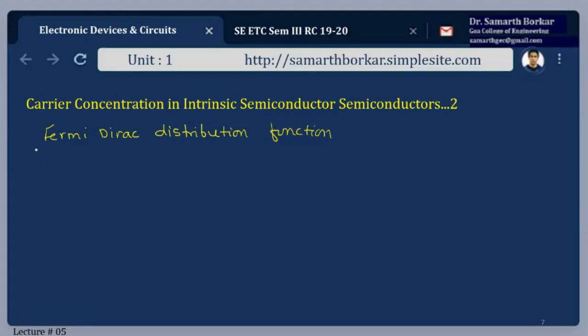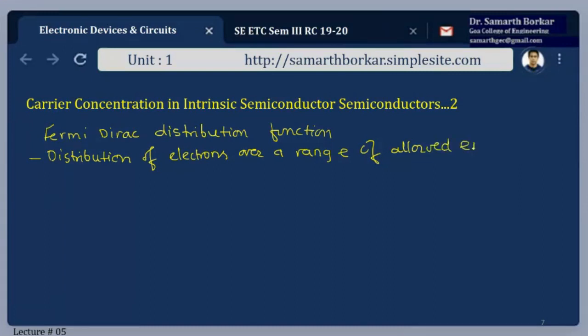It tells us about the distribution of electrons over a range of allowed energy levels at thermal equilibrium.